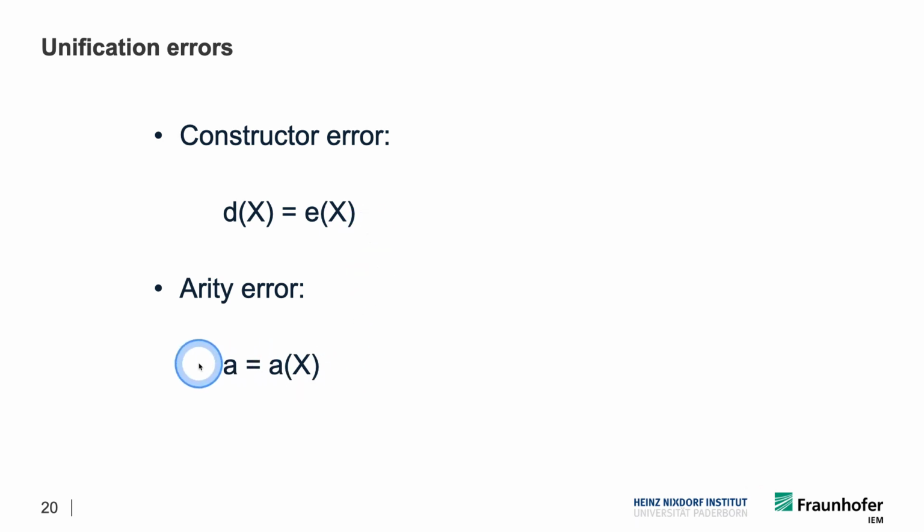The other one is called an arity error, where you basically have two terms that may have the same name, but they have different arities. Depending on how you set up the type system, you can try to avoid that by construction. But if you don't do that, then you can have these arity errors, and that also obviously leads to a situation where this does not match, right? So it's not allowed to simply ignore this particular parameter. You cannot just void it, null it out, and make this equal. That would be against the rules.